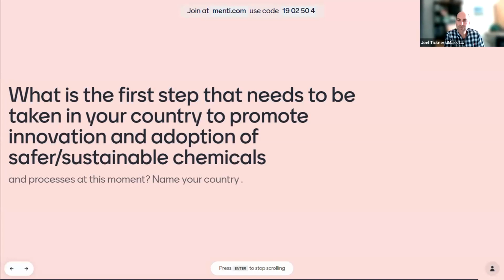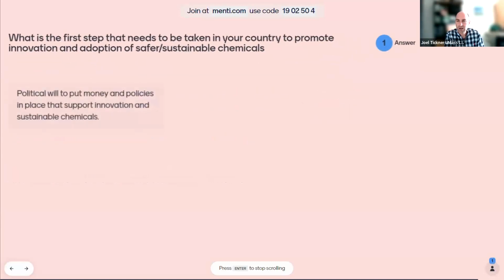So how do we create that accountability upstream to make sure that the capacity building is being driven by those who are benefiting from the chemistry and the products being made.